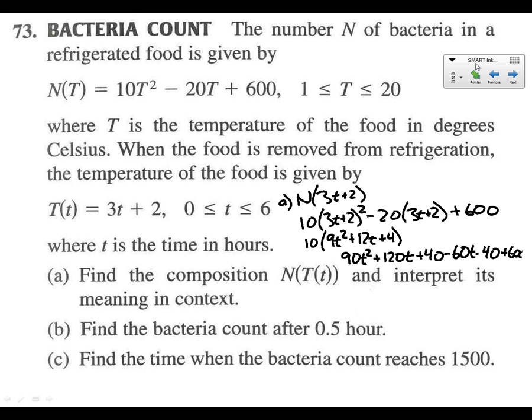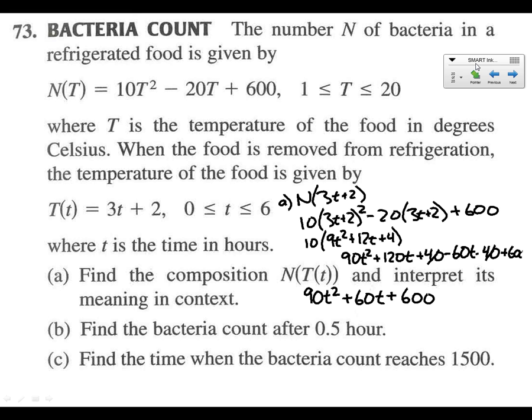Let's clean this up. We've got 90t squared. How many t's do we have? We've got 120 minus 60, so plus 60t. And then how many constants do we have? We've got a plus 40 and a minus 40, so we're just left with the plus 600.